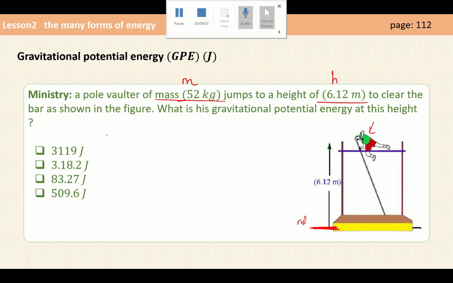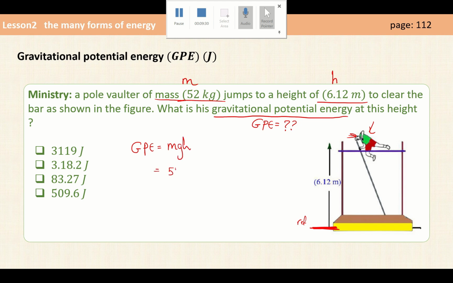To clear a bar as shown in the figure, what is the gravitational potential energy stored in the pole vaulter at that height? So he wants you to find how much energy was stored in this person when he jumped or when he reached that height. So GPE is equal to mgh.